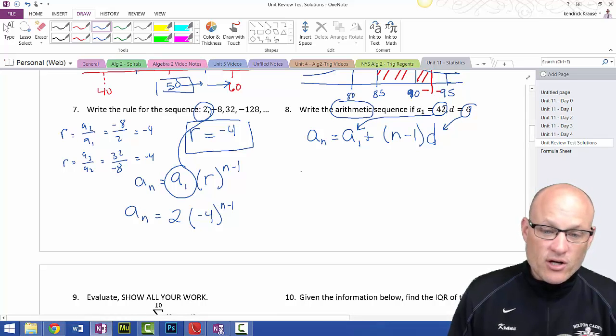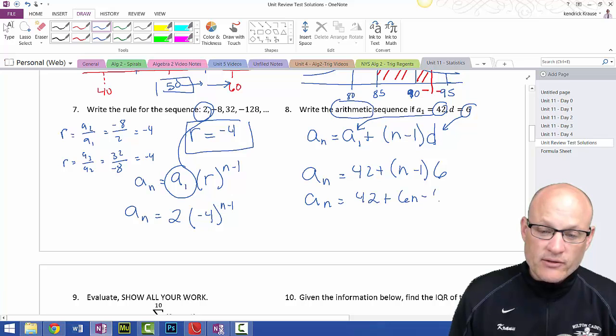So this is a kind of uneventful question. A sub n is equal to 42 plus n minus 1 times 6. Well, if I distribute, I get A sub n equals 42 plus 6n minus 6, which gives me A sub n is equal to 6n plus 36 when I clean it all up.